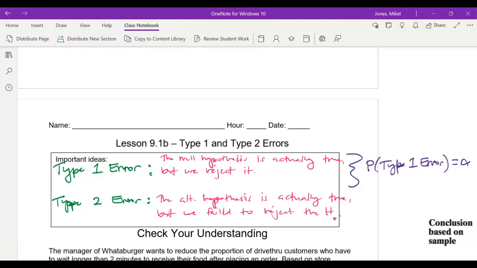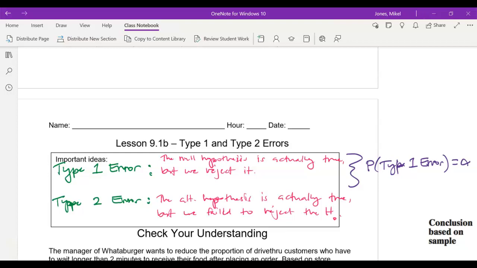So you just need to be able to describe it. You need to be able to identify what it is, talk in context about what the consequence of that error would be, and decide whether a type 1 or a type 2 error would be more severe. So in terms of your AP statistics requirements for quizzes, tests, and assessments, for type 2 it's more about describing what that error is and then talking about the consequence of that.